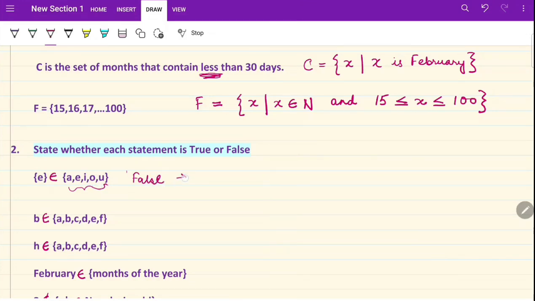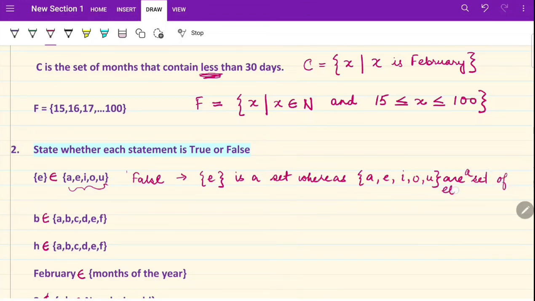We have to give a reason: {E} is a set, whereas A, E, I, O, U is a set of elements. That is the reason this is false.